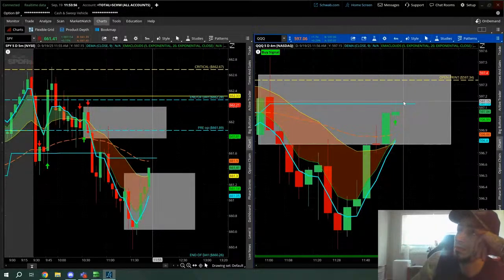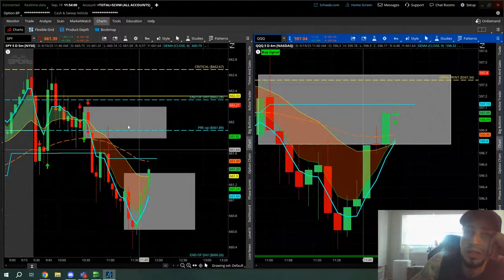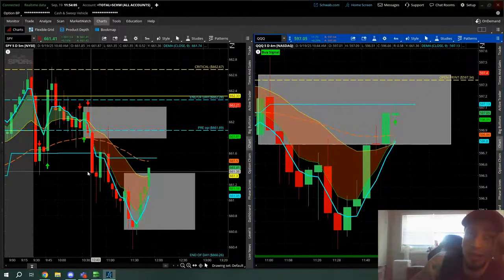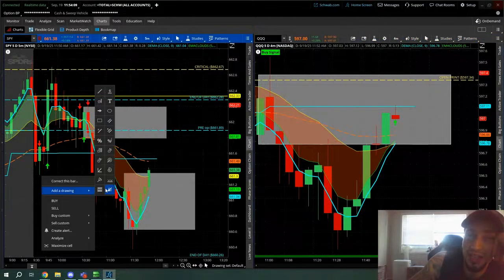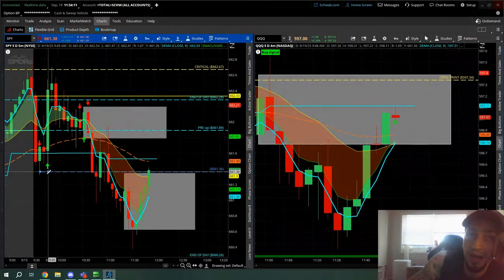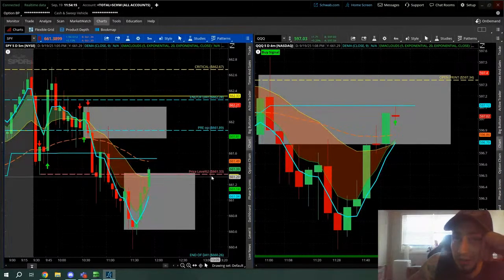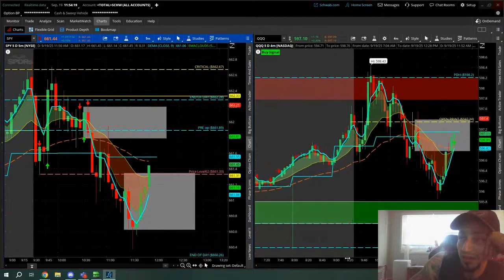SPY could come all the way up here. SPY's retesting ORB. So technically, I don't want to see buyers hold above this for SPY, for bearish structure to stay bearish. And they are. They're showing some strength.